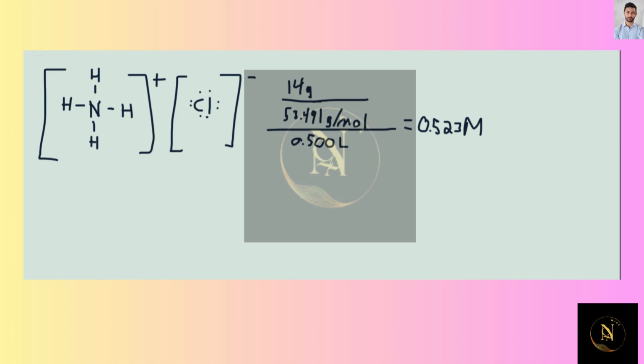The Ksp of silver chloride is 1.8 times 10 to the negative 10.